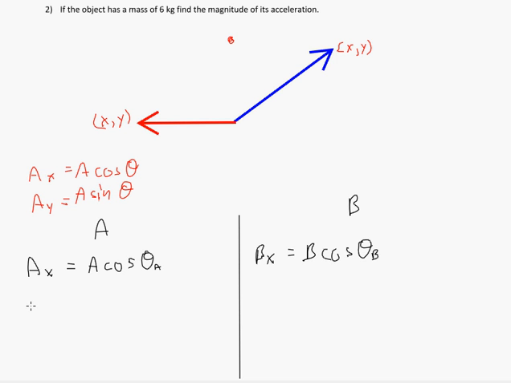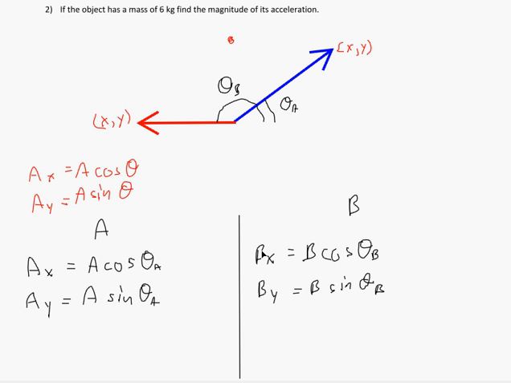Then ay equals a sine theta A, and by equals b sine theta B. This is theta A, and this right here is theta B.